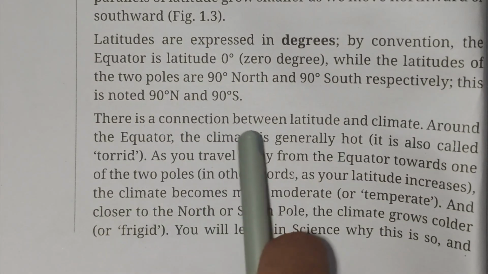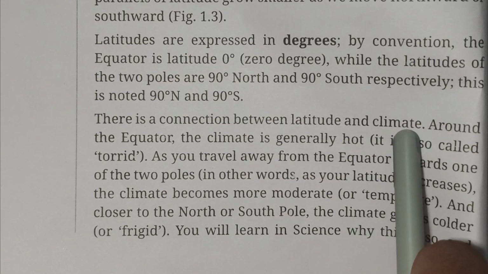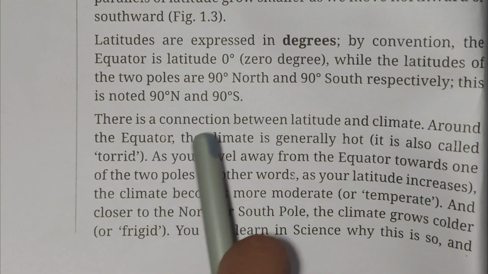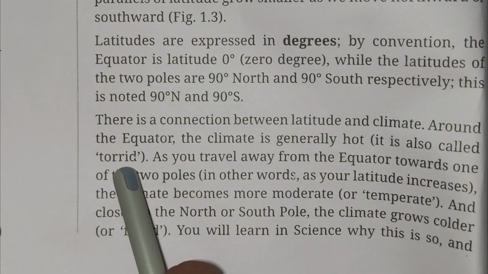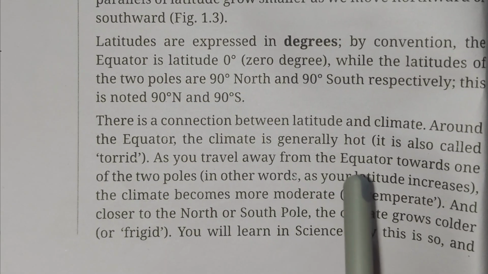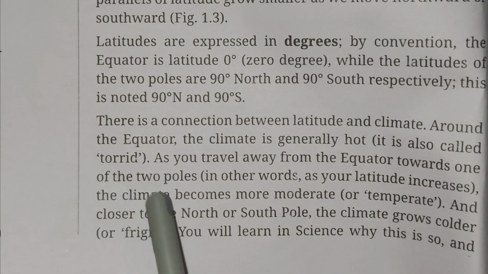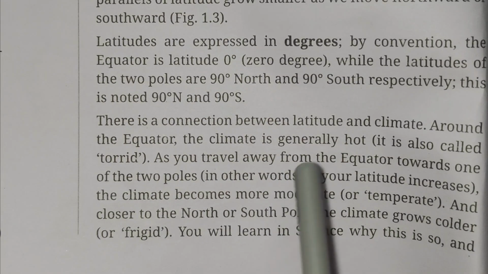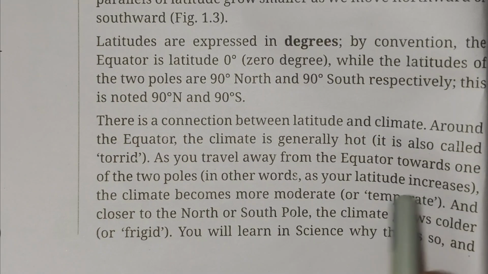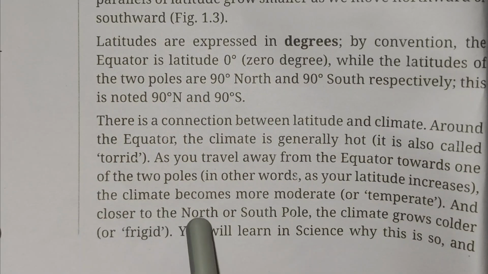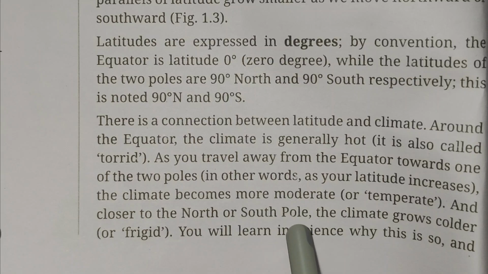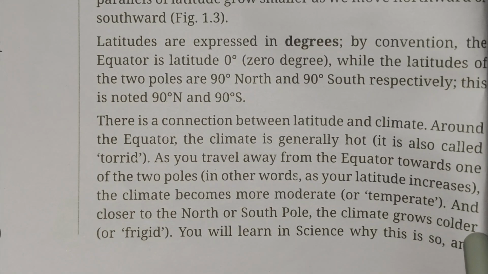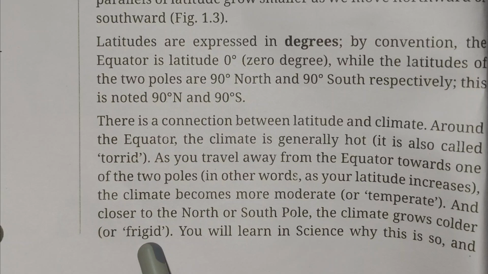There is a connection between latitude and climate. Around the equator, the climate is generally hot. It is also called torrid. As you travel away from the equator towards one of the two poles, in other words, as your latitude increases, the climate becomes more moderate or temperate, and closer to the north or south pole, the climate grows colder or frigid.